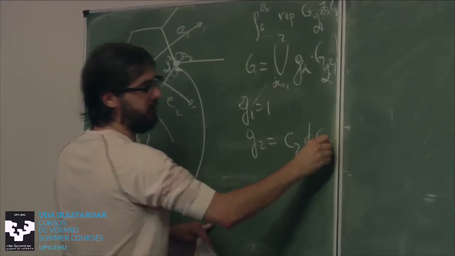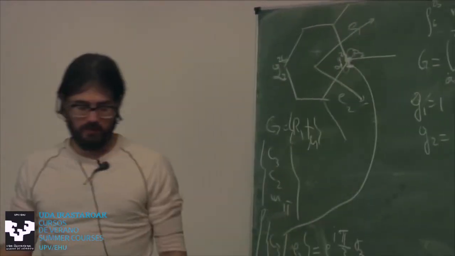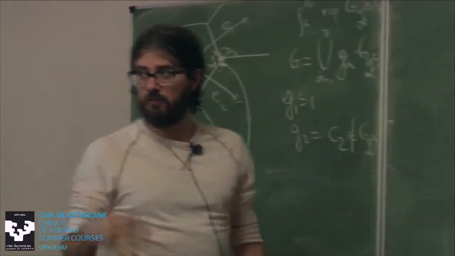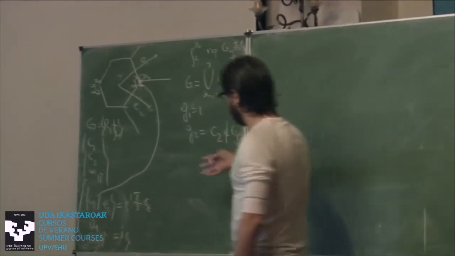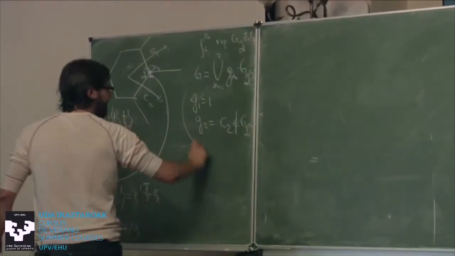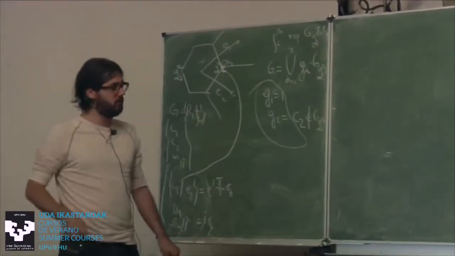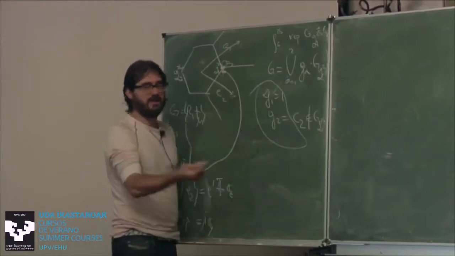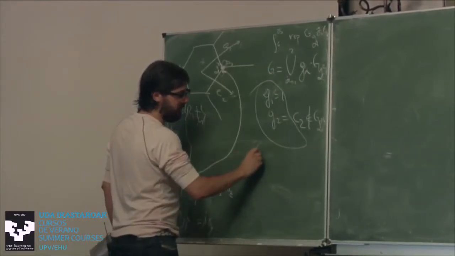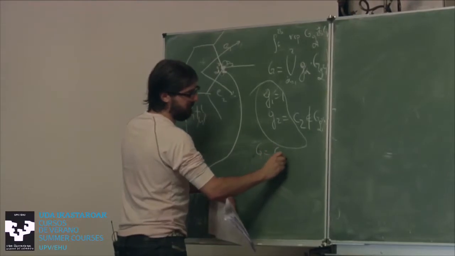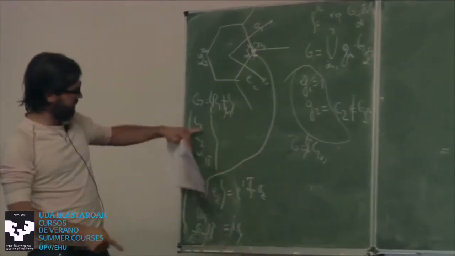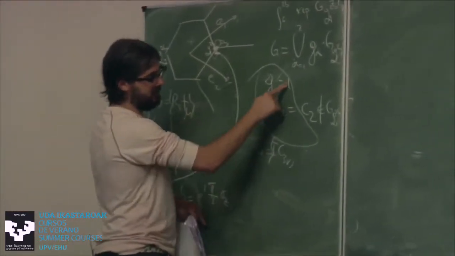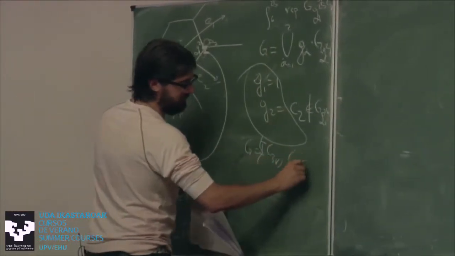GQ1 of 2B. Okay? So once I have a group and a subgroup, I can form a coset decomposition of that group into the subgroup plus elements. And these are called coset representatives, G1 and G2. G1 is, there's always an identity, right? I can write G as the identity times C3V, and C2 times C3V.